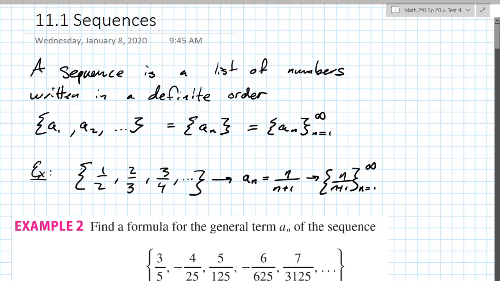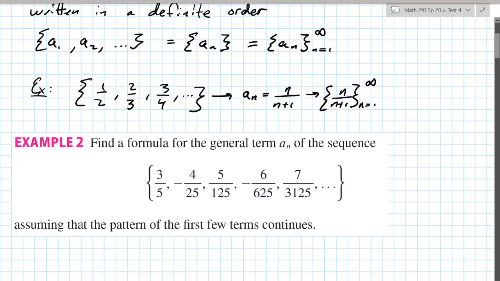So here's an example written out explicitly. We have 1/2, 2/3, 3/4, and so on. So what we want to do is look at a general formula for this sequence. So a sub n, it looks like the numerator is incrementing by ones, 1, 2, 3. The denominator is also incrementing by ones, 1, 2, 3.